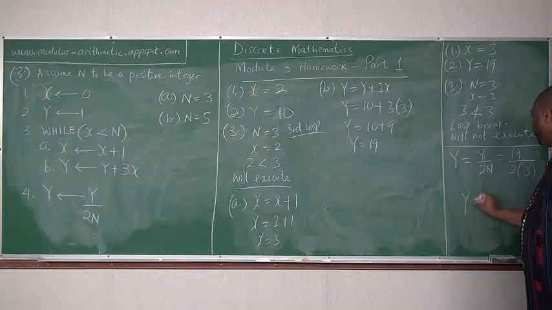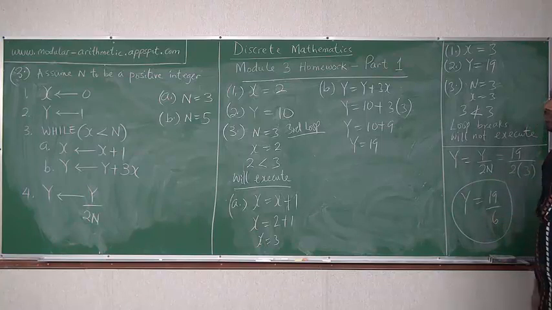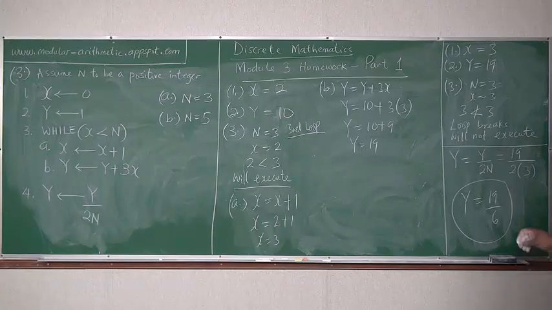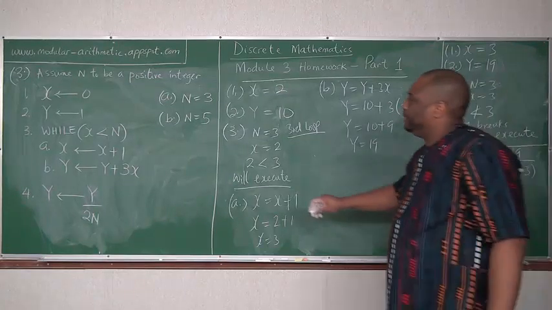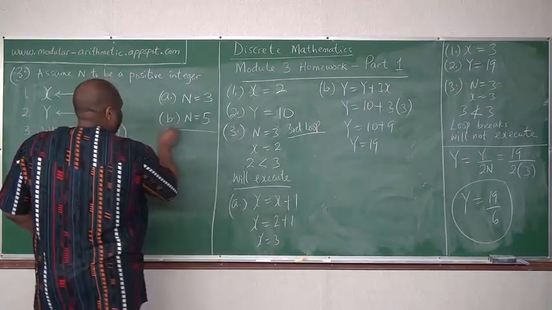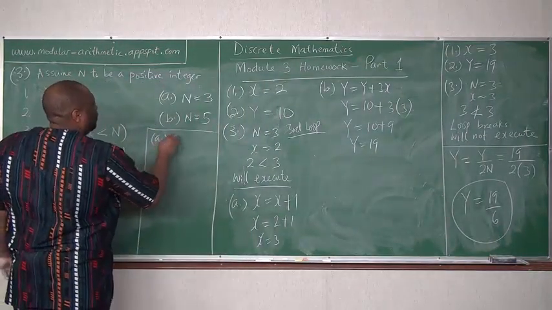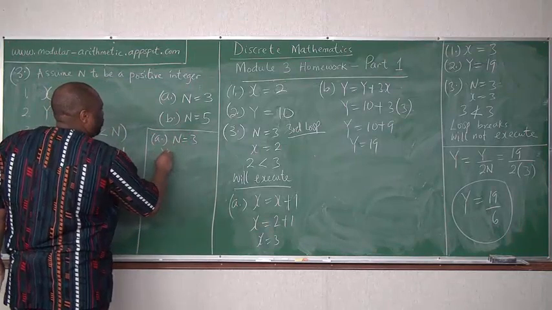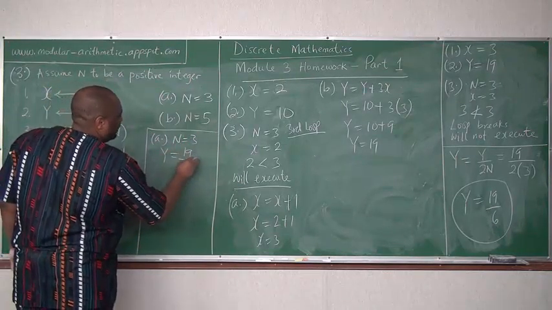So y will be 19 over 6. And that's the answer. This is for the A part. So for this A part, when n is equal to 3, y will be 19 over 6.